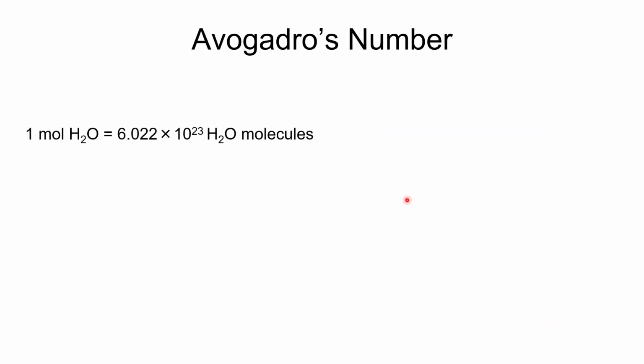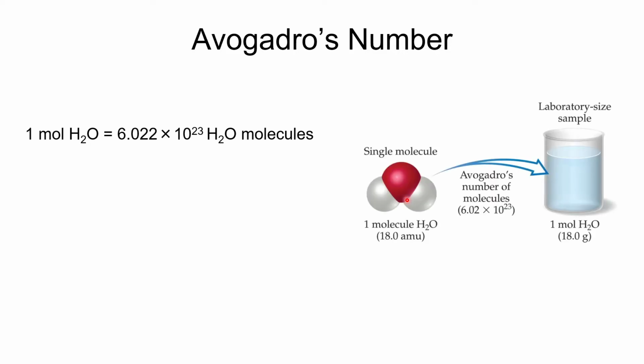All right. Now, we can do Avogadro's number of anything. We can do it for molecules. 1 mole of water molecules is going to come out to 6.022 times 10 to the 23rd water molecules. Again, the whole point of Avogadro's number is that it takes us from the atomic mass scale to the gram scale, the laboratory scale.